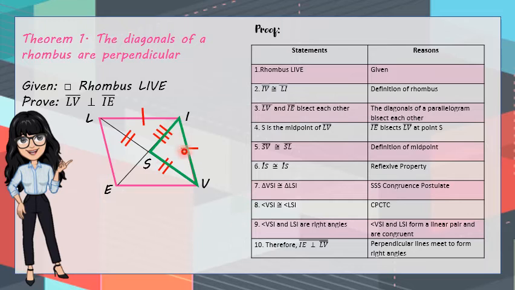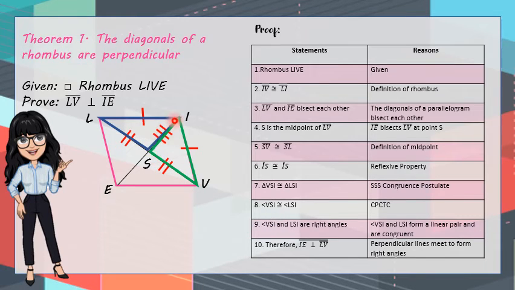So again, triangle VSI is congruent to triangle LSI by SSS congruence postulate. Side, side, side. Then, by CPCTC, angle BSI. Where is angle BSI?